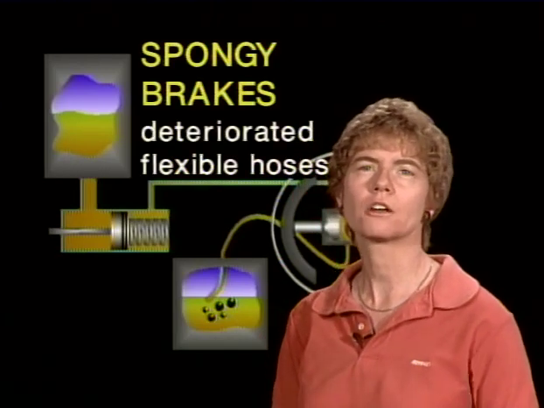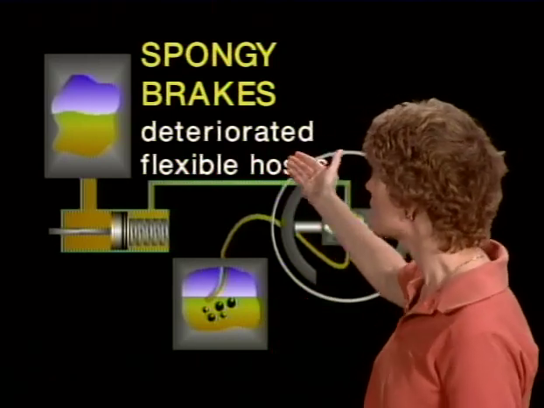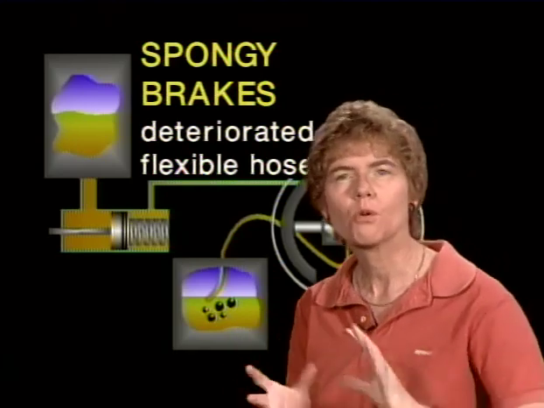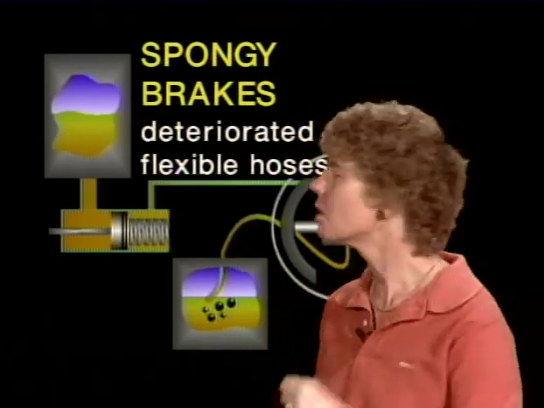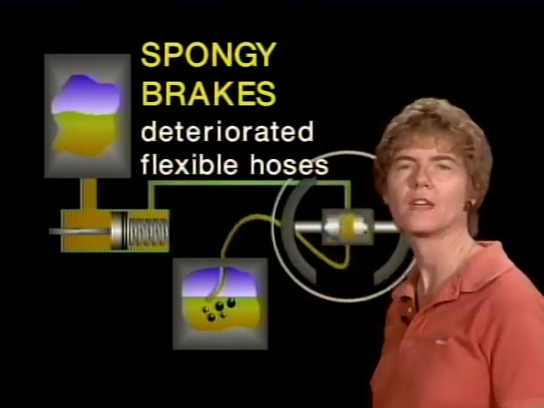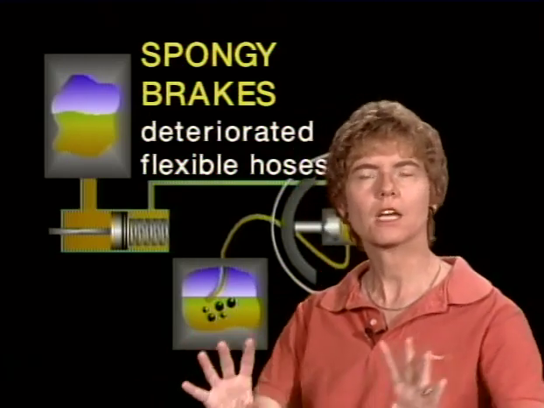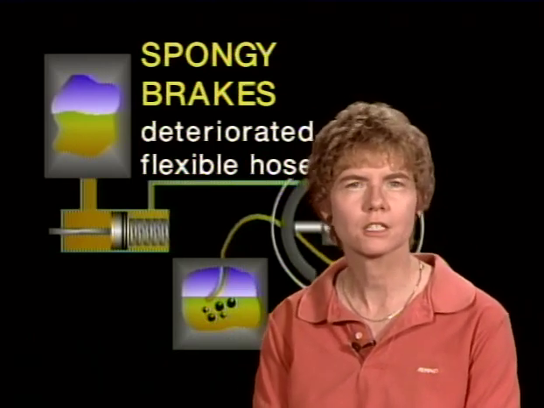The next most likely cause other than air in the system is deteriorated flexible hoses. If the flexible hoses are in poor condition, the material has actually deteriorated, those hoses will expand under pressure, and that's going to give you spongy brake action, very similar in feel to if you had air in the system.